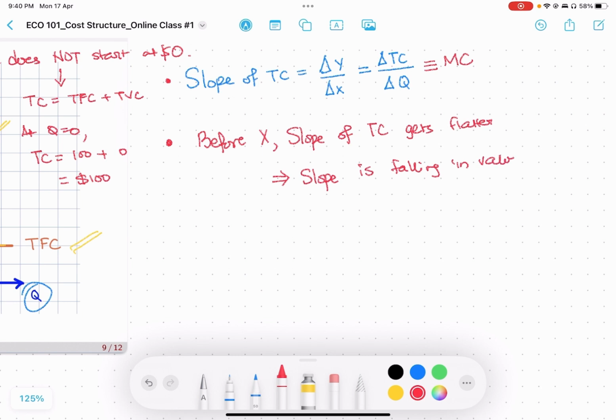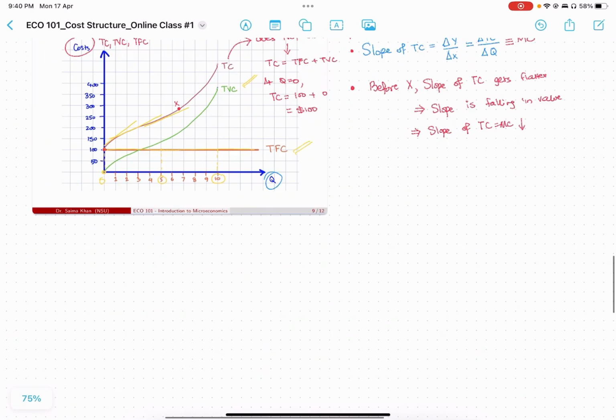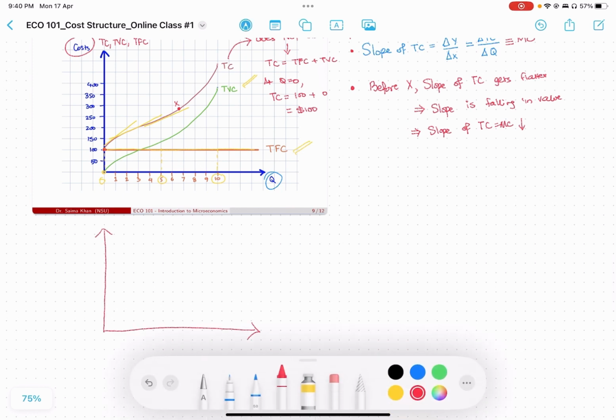It is going towards 0, which means that the slope of TC, which is nothing but the marginal cost, is actually falling. So if I were to draw the marginal cost curve, let me just trace it down here. We're seeing that before X, the marginal cost is falling.